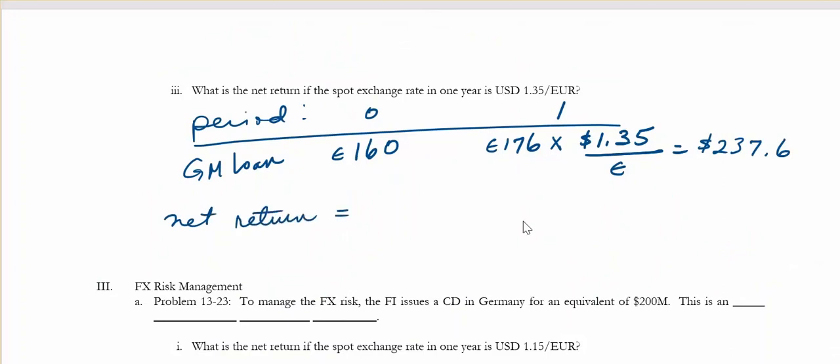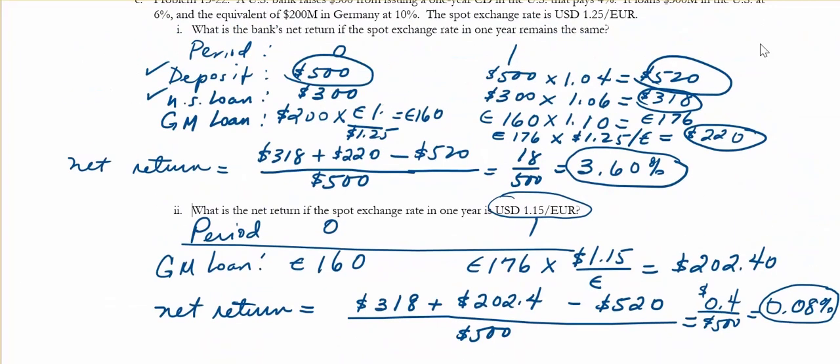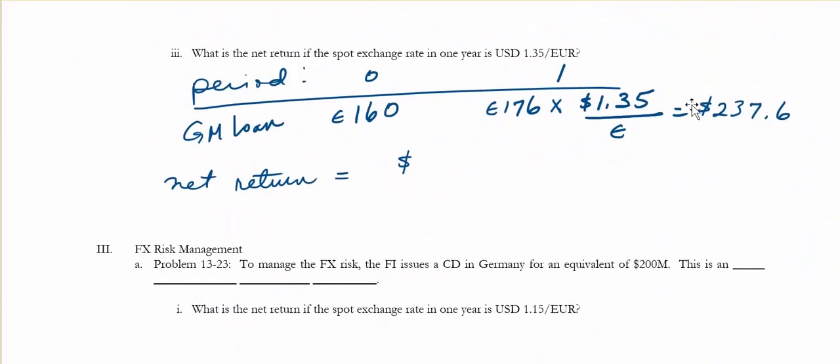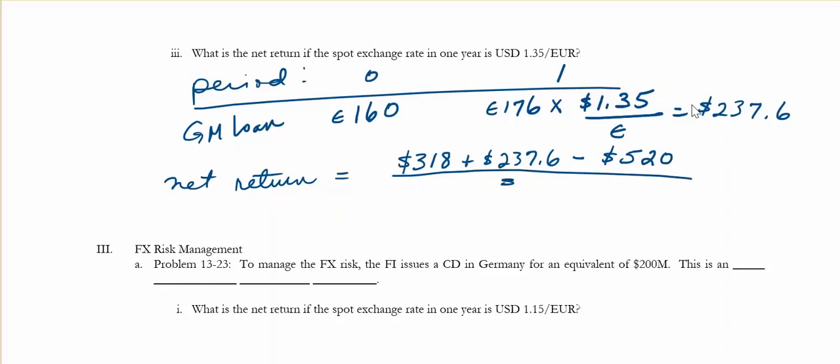The net return will be, so just recall the numbers we'd calculated because the US portion remains unchanged. We get $318 million from the US loan. We get $237.6 million from the German loan after converting it to US dollars. We will have to pay back our depositors $520 million.